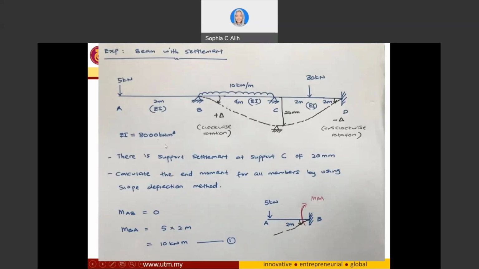So there is no difference. It's all completely the same, except that right now support C settled 20 millimeter downward.